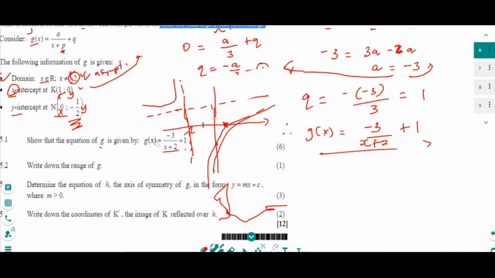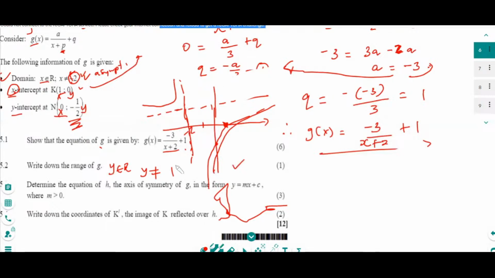For the y values, yes, the graph can extend within all the positive y values and all the negative y values, but it cannot cross this asymptote. So y is an element of the real numbers, but y cannot be 1. That becomes the range.